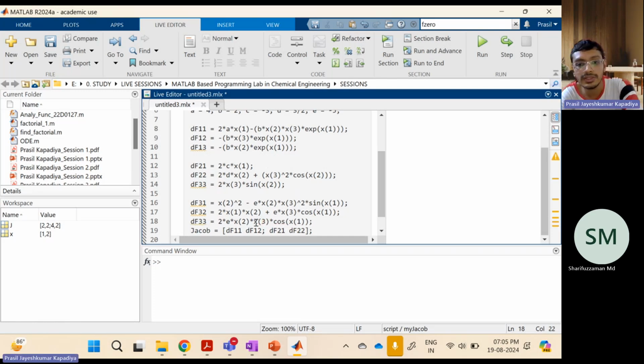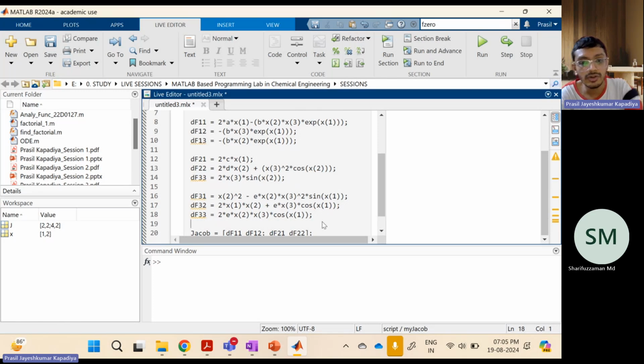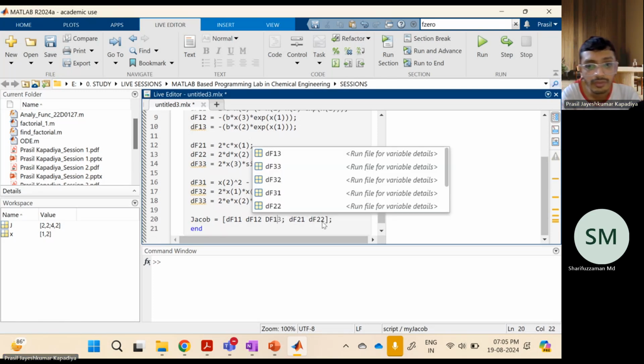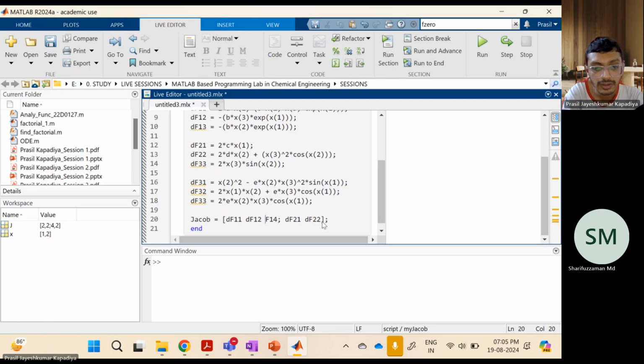Okay, so now I need to define my Jacobian: df11, df12, df13, then similarly df21, df22, df23.